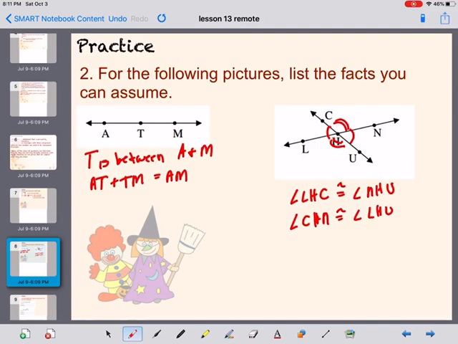I could also say angle LHC plus angle CHN equals 180. And I could do that many other times too. I could say the angle CHN and angle NHU, or NHU and UHL. There's a bunch of 180s there. Those are assumptions though, just by looking at the picture.